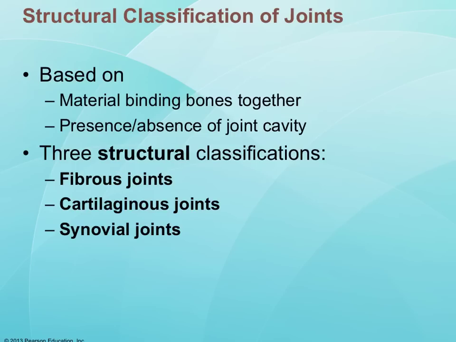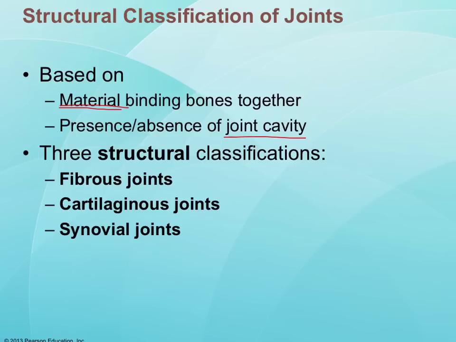By structure, we can classify joints into three groups as well, based on the material binding bones together. And sometimes we see whether there's a joint cavity, but in fact you can think of the joint cavity as a unique material that binds bones together.